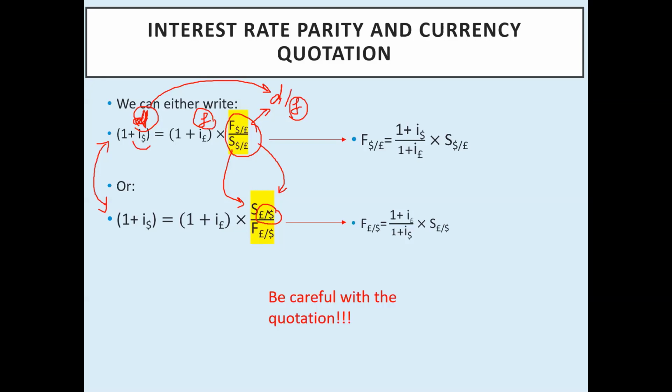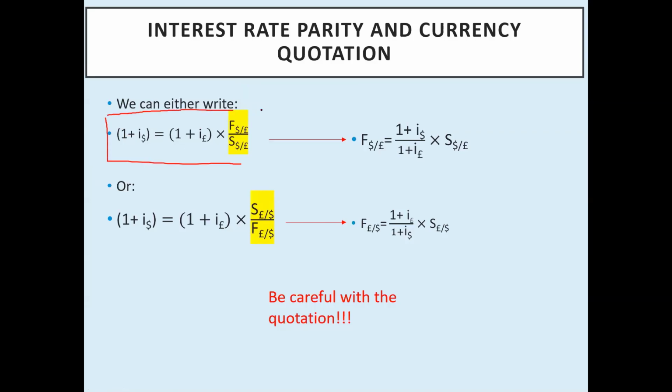So I'm looking at the price of the domestic currency in the foreign currency. For ease of understanding, I would normally stick to the first one. It's up to you, but normally I will stick to the first one because I can remember the order of the interest rate and the exchange rate.